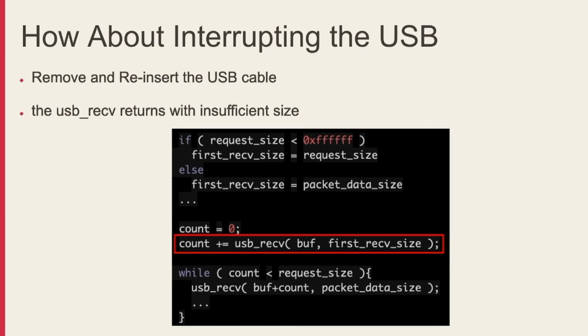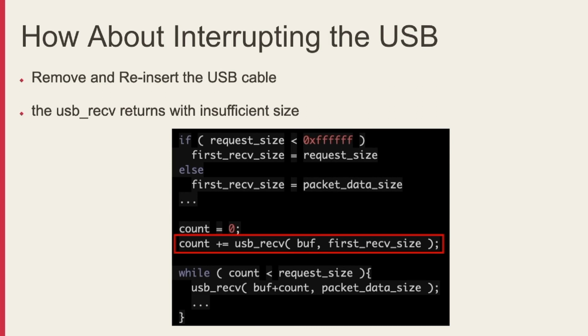This time, I came up with an idea, which was to send only a very small amount of data, and then remove and reinsert the USB cable. The first USB receive returned insufficient size, which allowed us to reach the second USB receive.